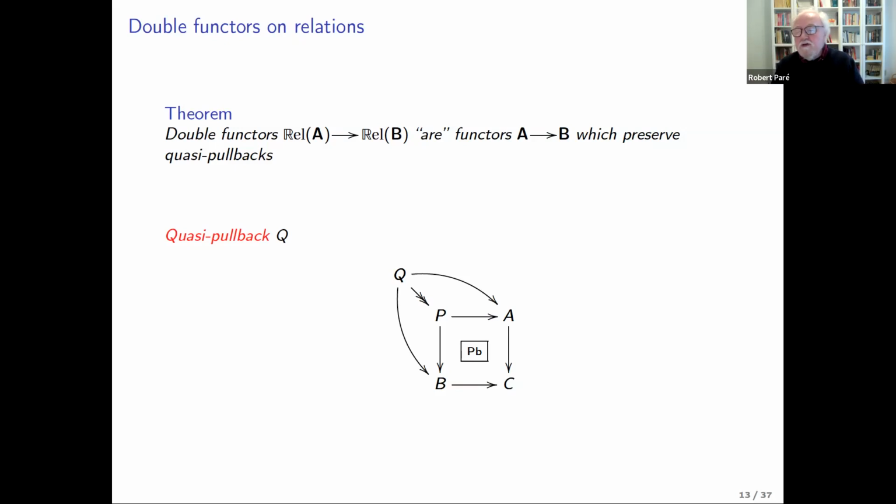But it might not give you a double functor, but something laxer.